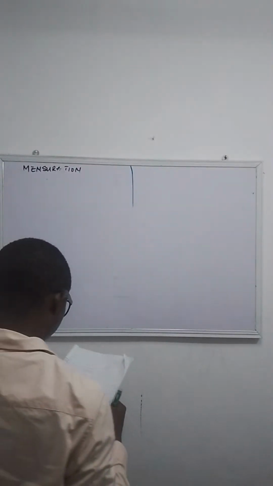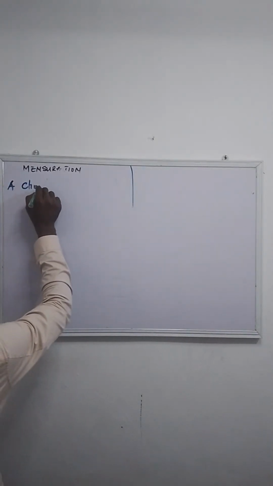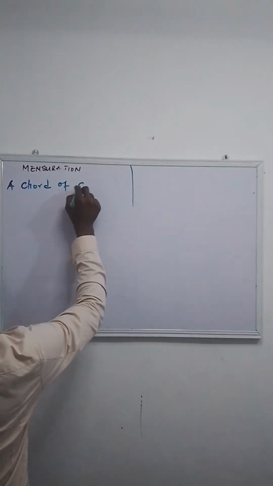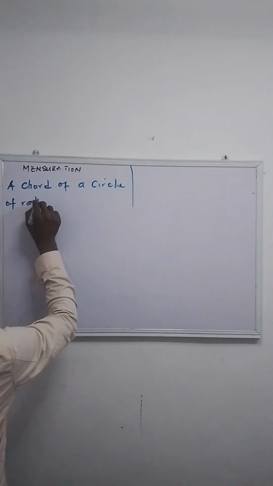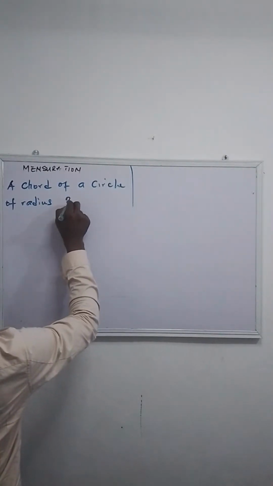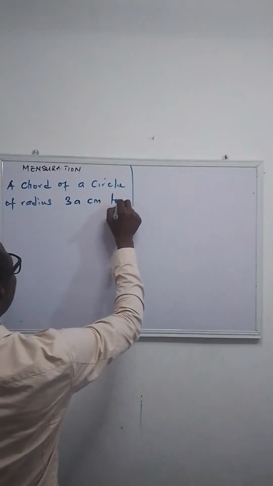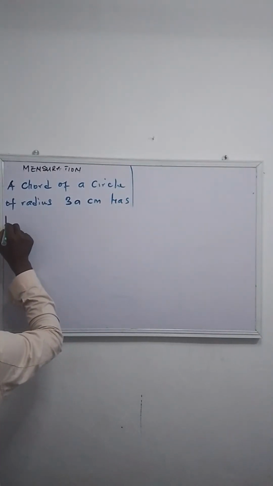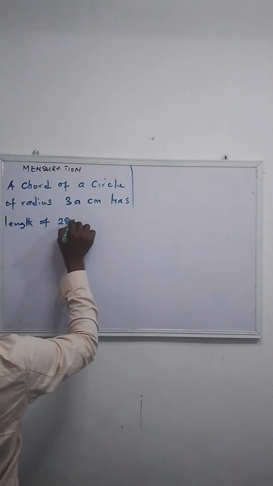Okay, let's look at this question. A chord of a circle of radius 3a has a length of 28 centimeter.